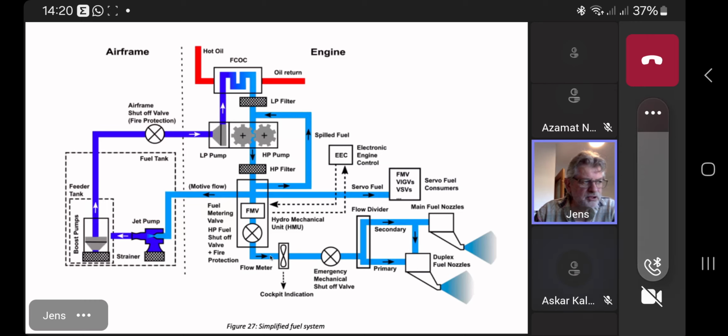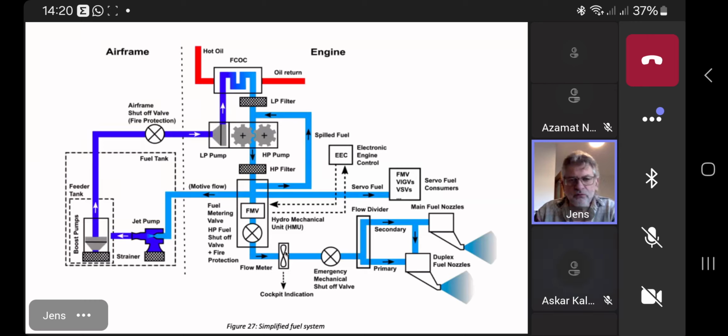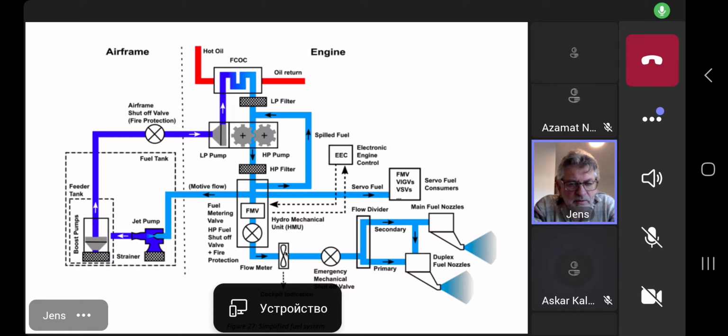Then after this HMU, the fuel would like to go to the fuel nozzles, and we find here the fuel flow transmitter or fuel flow meter. It's got several names, which is an indication to the cockpit. Of course, the cockpit also needs to know how much fuel will be sent to the fuel nozzles. But please do not forget, the indication is just for the cockpit.